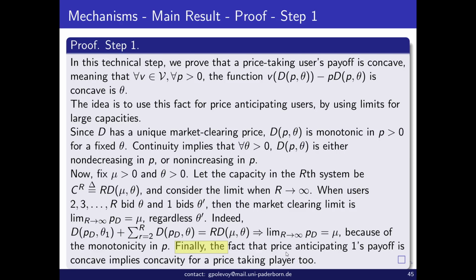Since we know that there is this limit, and we know that price anticipating users do have a concave utility function as a function of their bids, again, it's a technical move, but it can be shown that it implies that also a price taking user has a concave utility as a function of the bid. Okay, so that's what we showed. This price taking user has a concave utility. That was the first technical step.